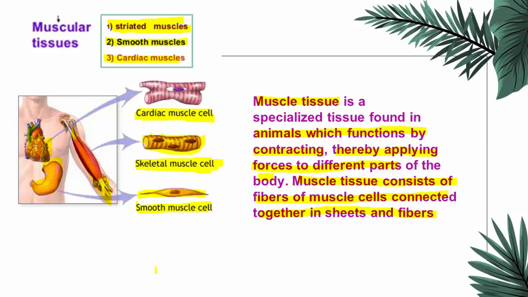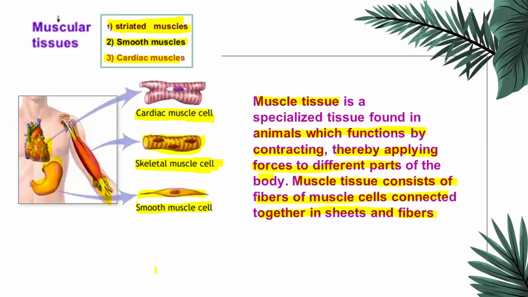Squamous, cuboidal, stratified, columnar, all these are the types of epithelial tissues. Then cartilage, bone, ligament, tendon, blood, adipose and areolar are the types of connective tissues. Striated muscle or skeletal muscle, smooth muscle and cardiac muscle are the different types of muscles present in the animal body.